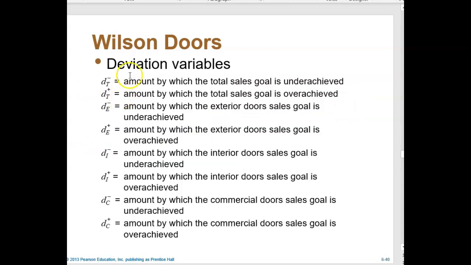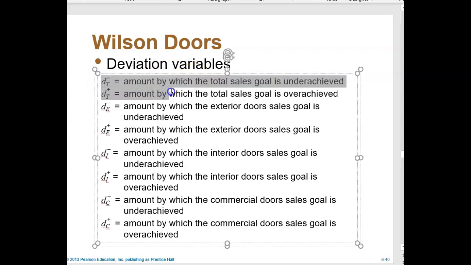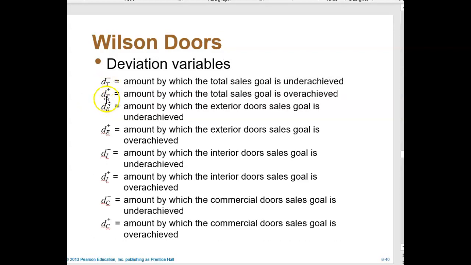And if I go back to the deviation variables slide, I want you to focus on the first 2 deviation variables. The first deviation variable is labeled dt minus, and the second deviation variable is labeled dt plus. So for every goal in a GP model, we create 2 of these deviation variables.